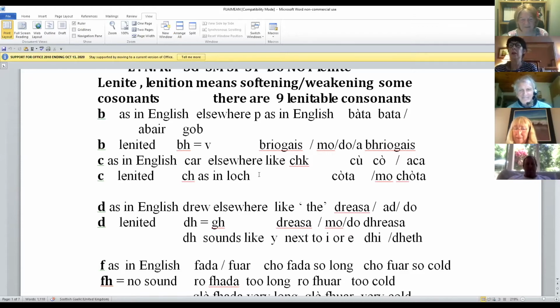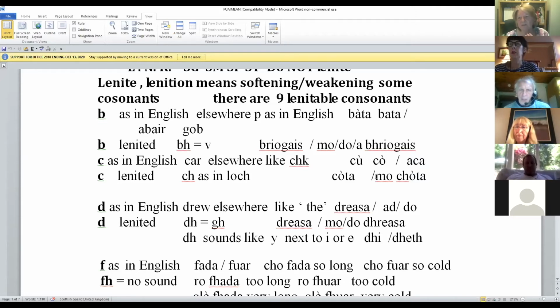So C is as in loch, which is a very Scottish guttural sound. Cote is your coat, and then my coat becomes mo chote. Your letter T, it's as if you're going to say the.